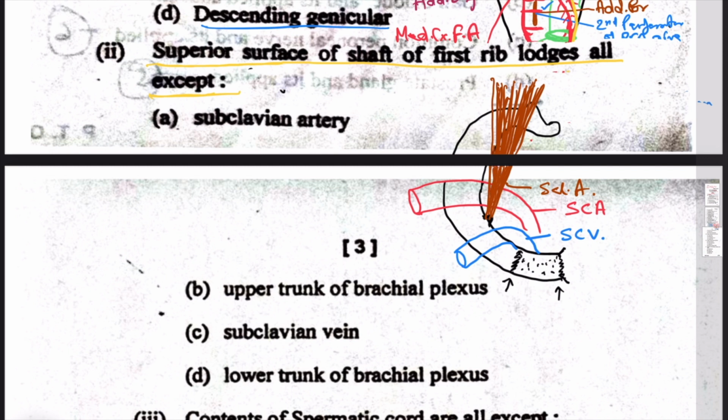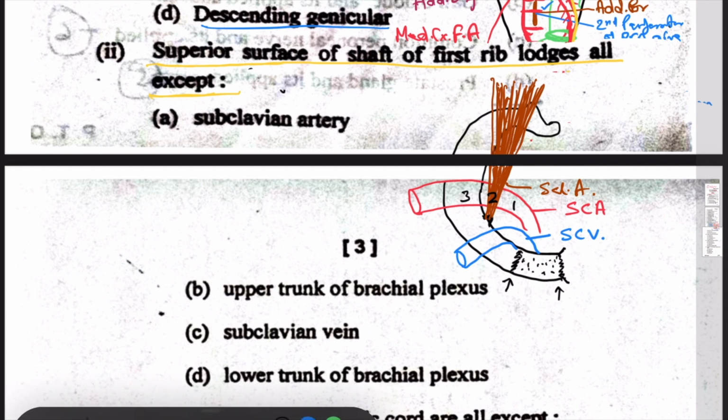Now remember the significance of this scalenus anterior. First of all, it is this muscle that divides the subclavian artery into 3 parts, right? So the first, second, and third parts of the subclavian artery are divided according to this scalenus anterior muscle.